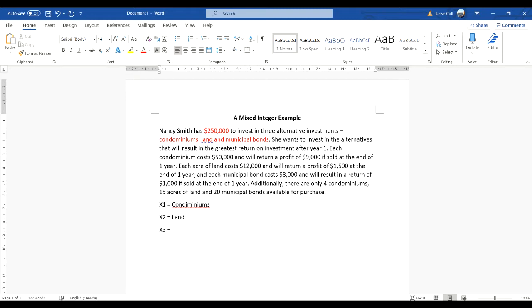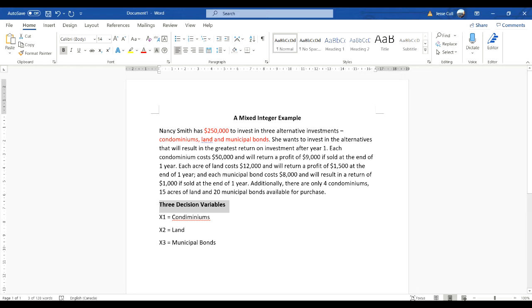X3 equals municipal bonds. These are our 3 decision variables. This is where we're going to be choosing between the correct choices among these decision variables. We're not yet able to put together our objective function. We're not yet able to put together our constraints, but we're getting there.